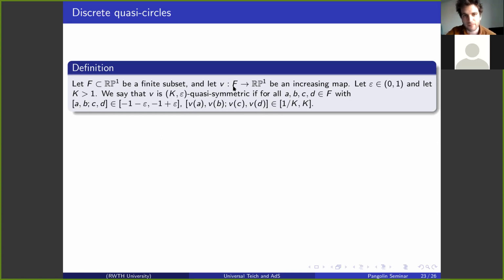Because if I take a finite set in RP1, maybe there is not a single four-tuple of points which is symmetric. So I need to relax this condition a little bit, and I need to allow the points to be in almost symmetric position, and I want points in almost symmetric position to be taken to points of bounded cross ratio.